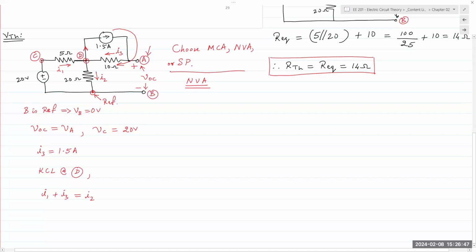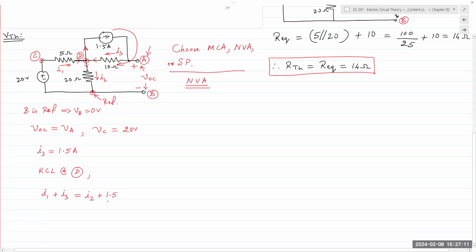So it has one current entering right here, another current leaving, and this entering. So I have two currents entering and two currents leaving. So I have to write I1 plus I3 equals I2 plus the 1.5 amp current source.